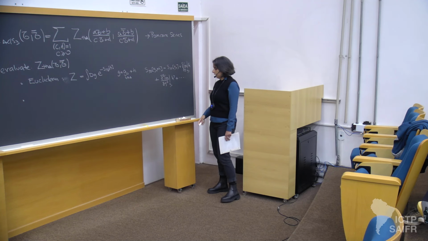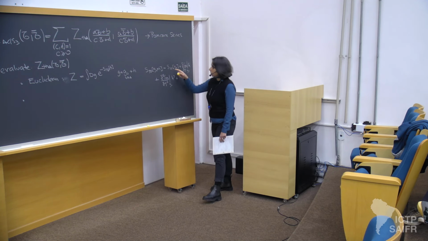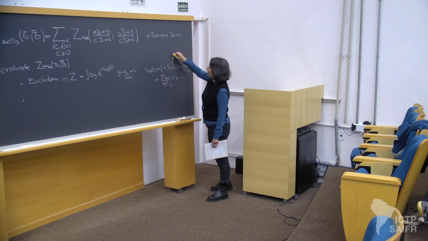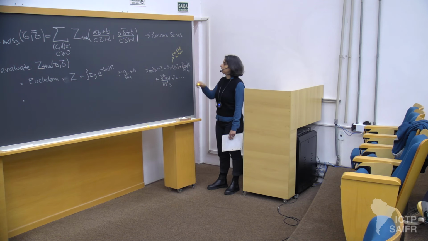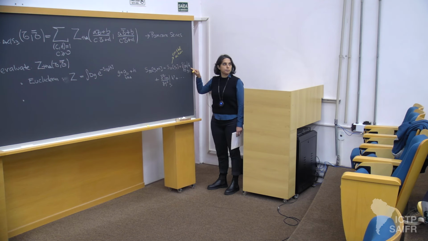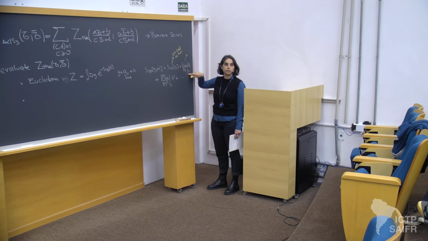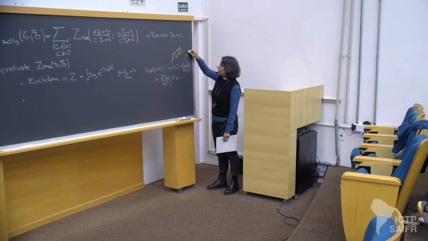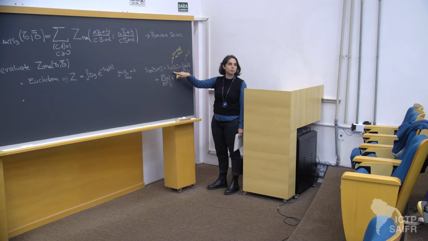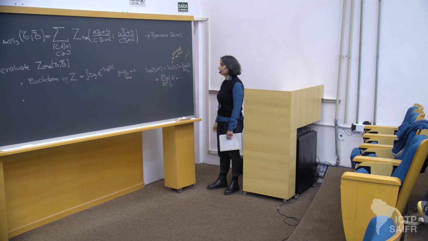So this is the on-shell action, which we know. What about the first variation? It's 0, because it's evaluated on a solution. This will already contain the contribution of the stress tensor, just in case. So this part is going to be 0.